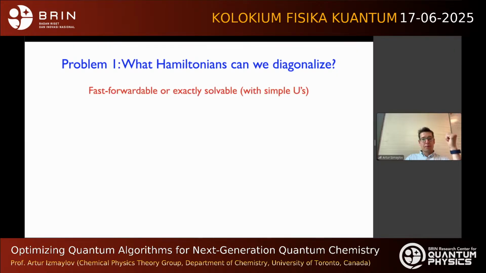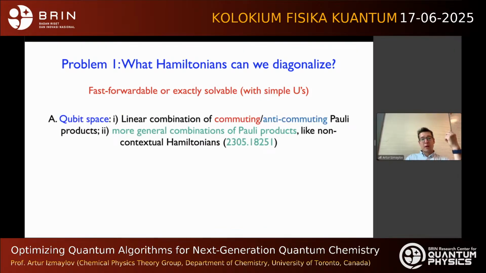That's the first problem, so let's consider it. In general, there are so-called fast-forwardable Hamiltonians, exactly solvable with simple unitaries, and some of them are quite well known. Let's say in the qubit space, we know that a linear combination of all commuting Pauli products or anti-commuting Pauli products can be easily diagonalized: commuting ones with Clifford transformations, and anti-commuting ones as well.